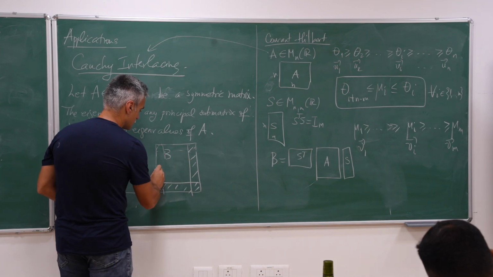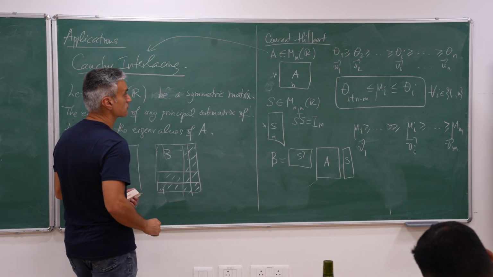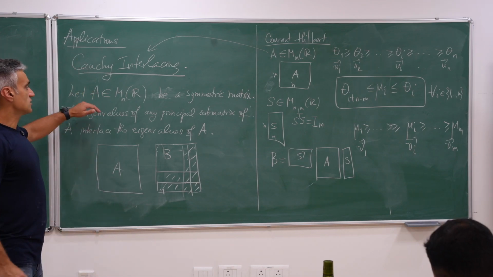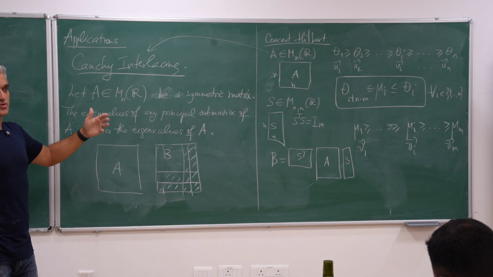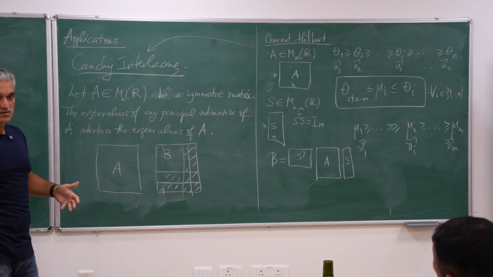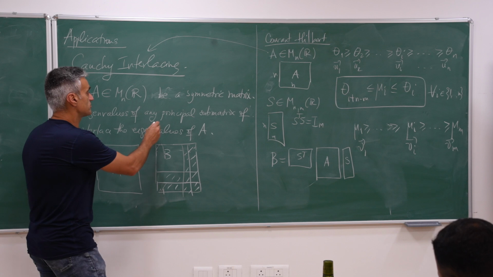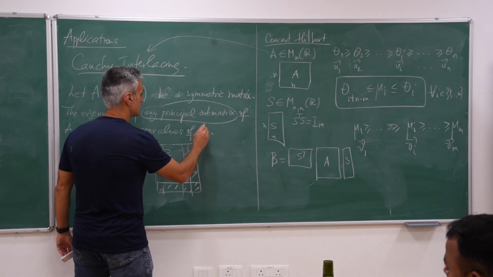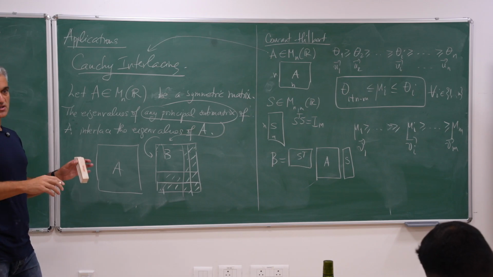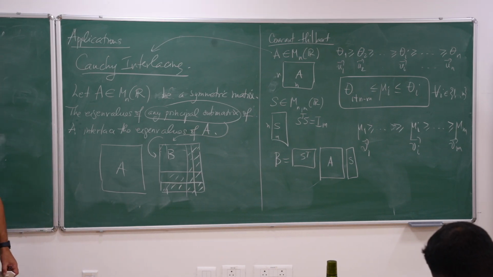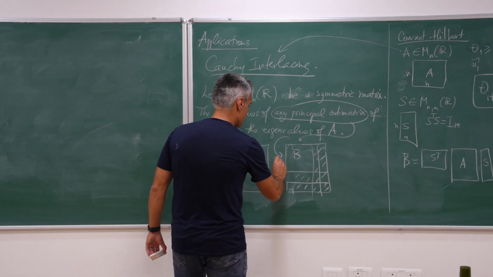So you can have B, and maybe you want to delete more. Here you have your A. You don't have a B, but to get a B, you need an S. So let's say my principal submatrix is on the first M and M.